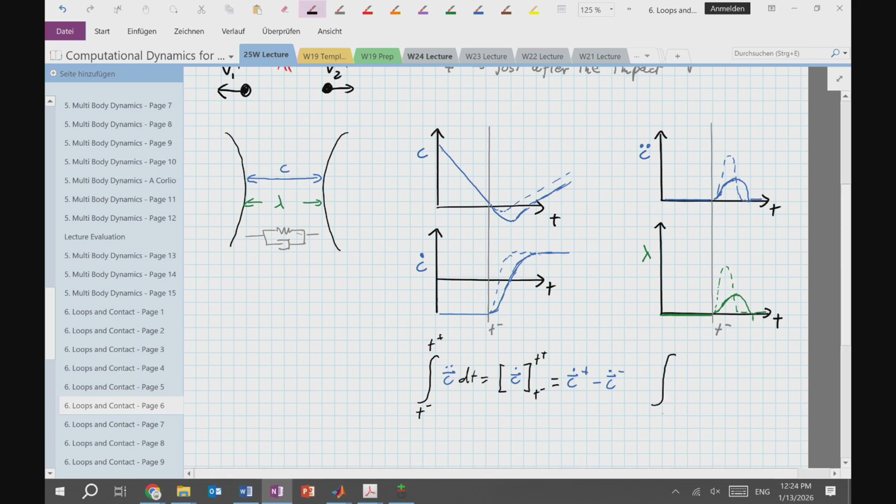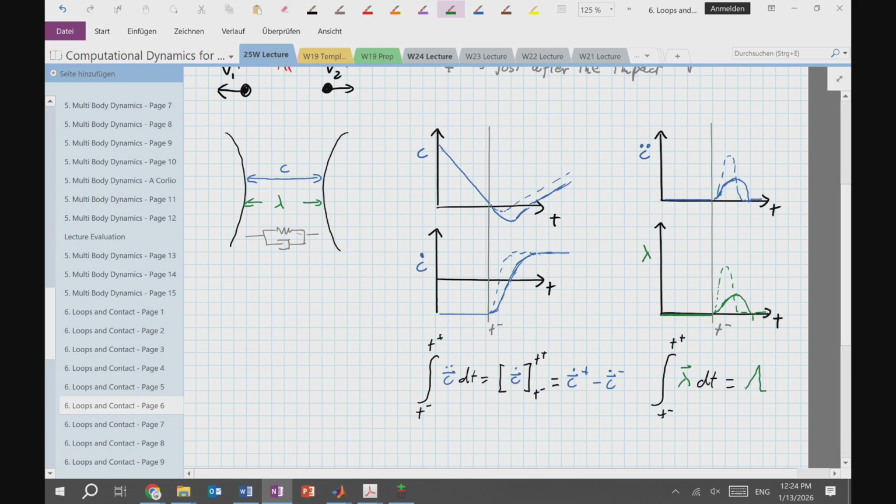The same thing can be said about the integral over my constraint force or my contact force lambda. So when I integrate lambda dt, that area is also going to be independent of the stiffness. And we will give this integral a name. We're going to call this capital lambda.